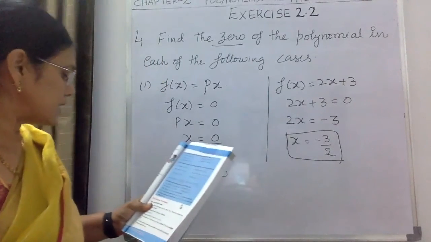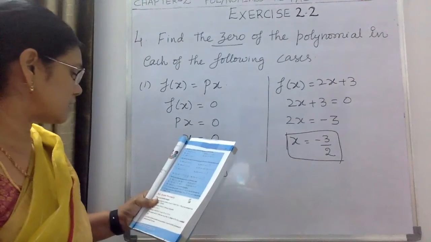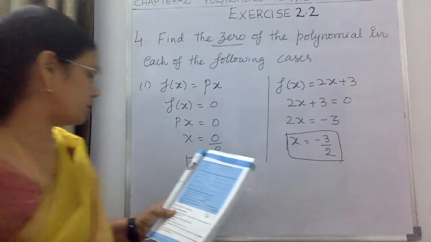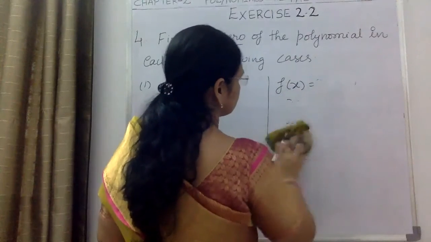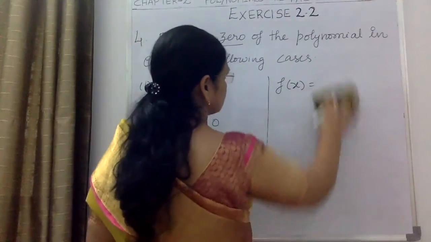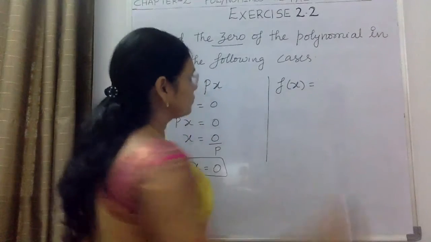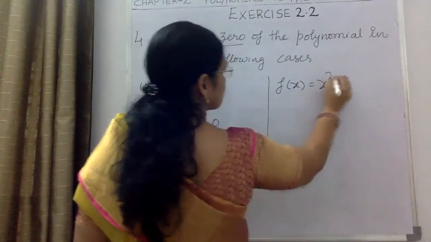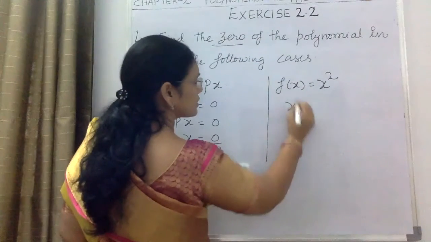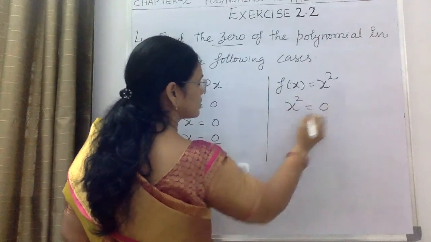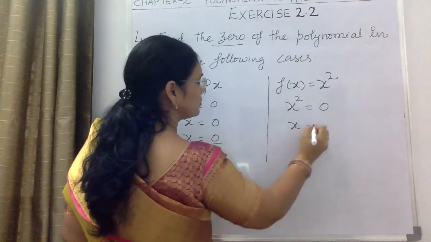Okay, let us take another expression. f of x is equal to x square. Equating it to 0, x square is equal to 0. Then what will be x?